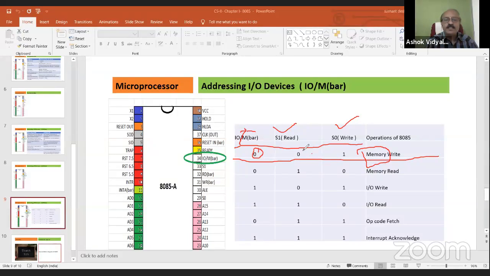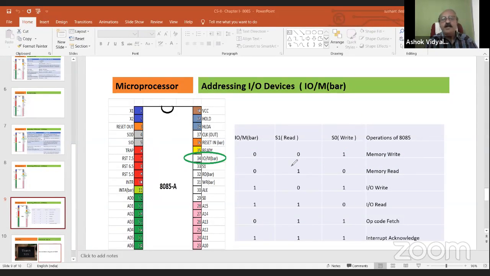Now when S1 is 0 and S0 is 1, it means write operation. So how microprocessor will come to know that it is IO or it is memory will be done with, if IO bar is low means memory. When S1 is low and S0 is high, then it is write. When IO bar is 0, that is a memory. But now instead of S0, S1 is there.